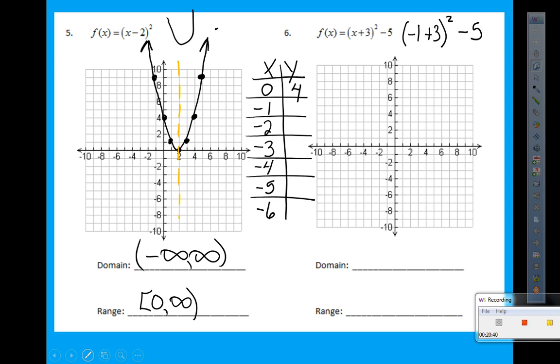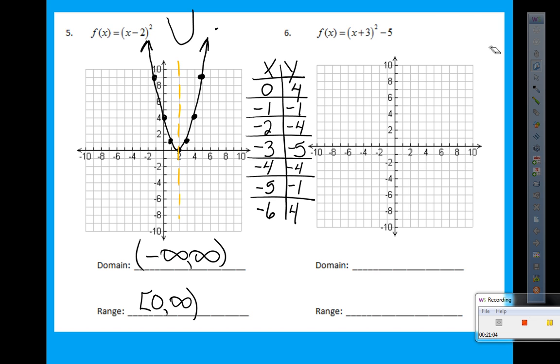So you should get 4 minus 5 is negative 1. This value becomes negative 4. This value is negative 5. Then I've got negative 4, negative 1, and 4. I cheated. I already had the answers typed out.